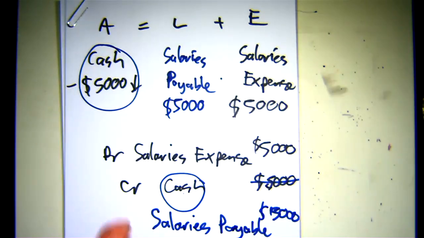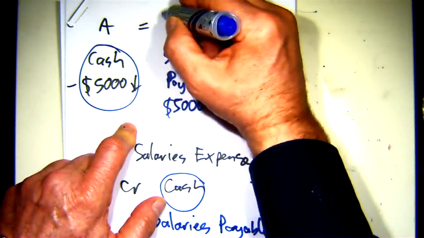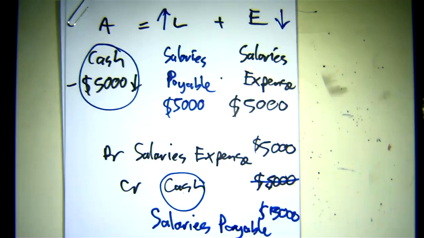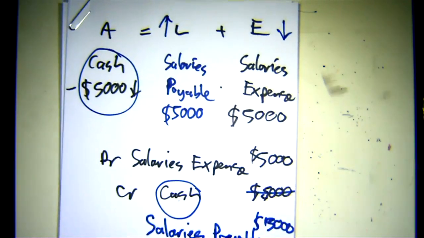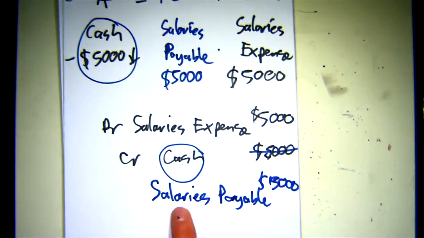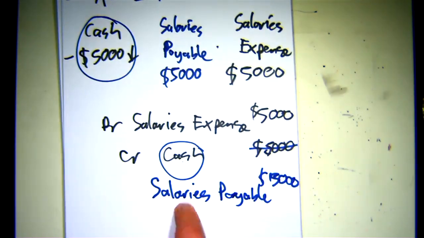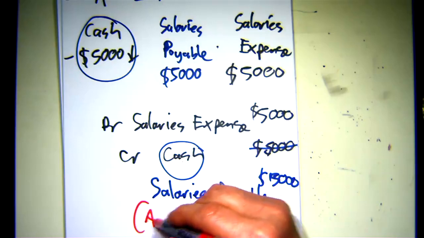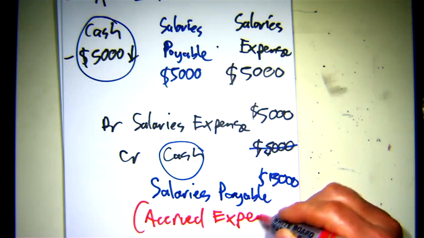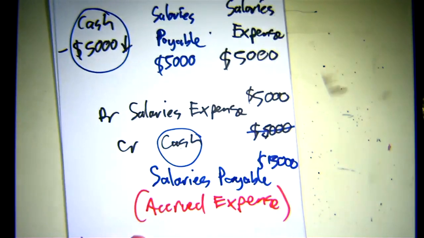I would create a liability here. So the liabilities go up, and this has the effect of reducing equity. And so I would have a salaries payable liability matching the salaries expense. And this is also known as an accrued expense. So we'll look at this next week in more detail when we look at adjusting entries.